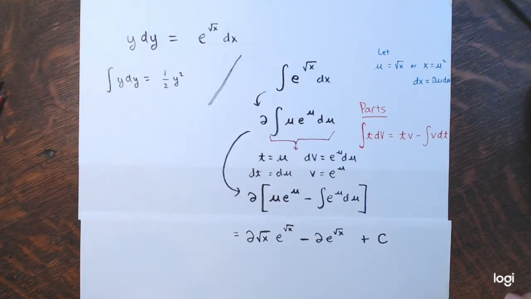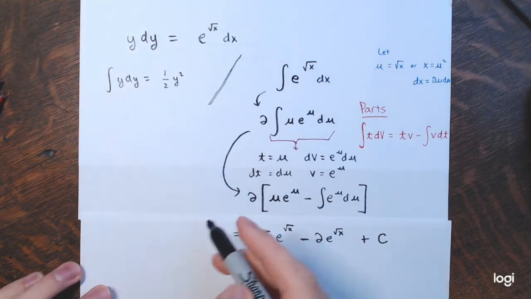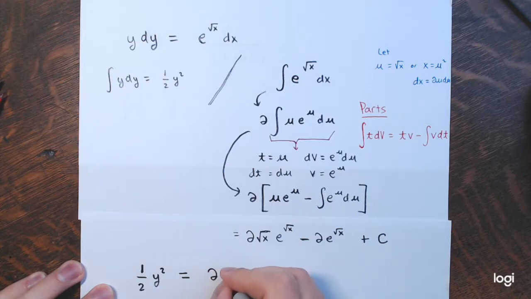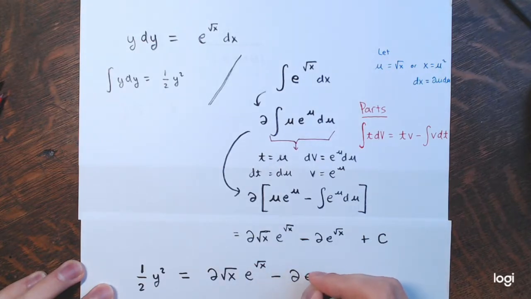All right, great. And putting both sides on the same line, on the left we had half y squared equals 2 square root of x e to the square root of x minus 2 e to the square root of x, and then plus some constant.